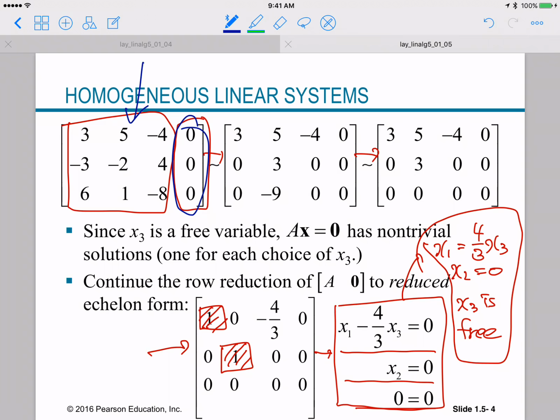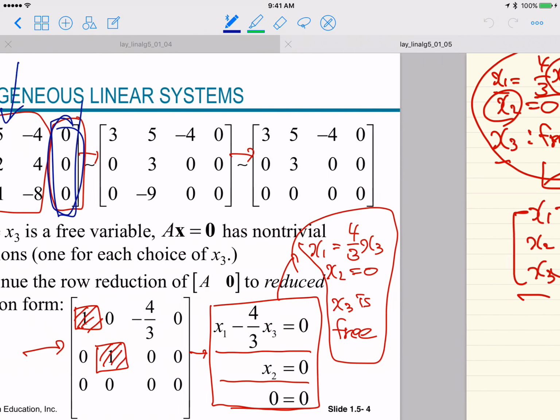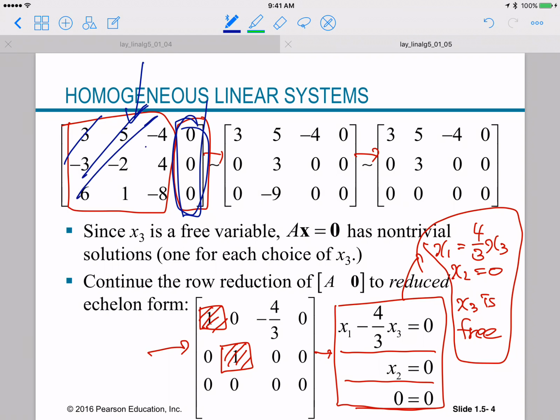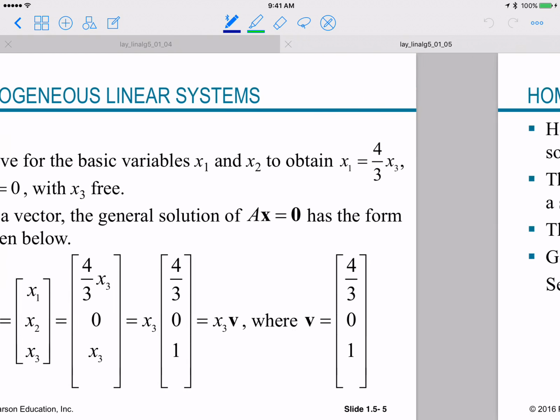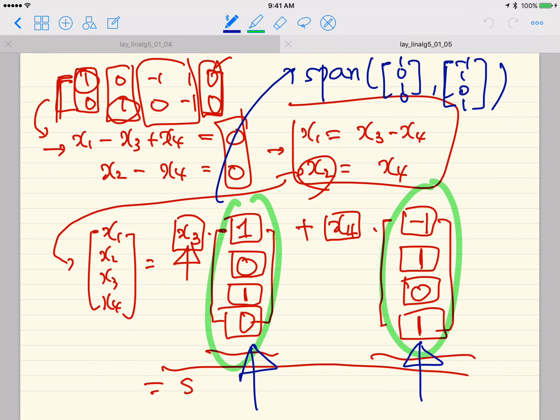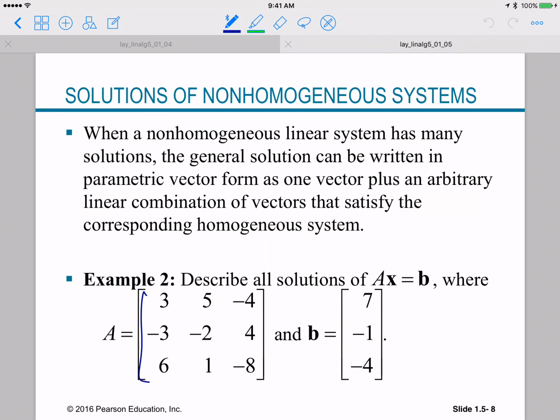But now suppose this vector b is non-zero, while the coefficient part is still the same. That's example 2, where we have the same coefficients, but now we have some non-zero b vector.